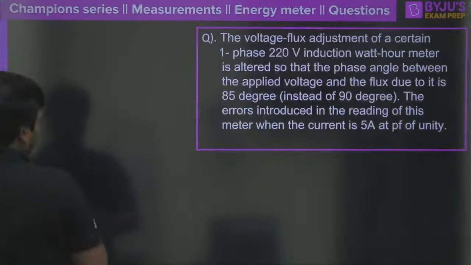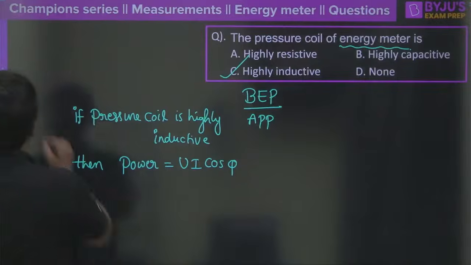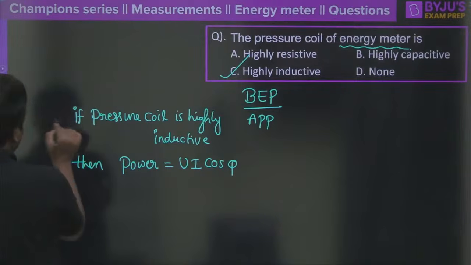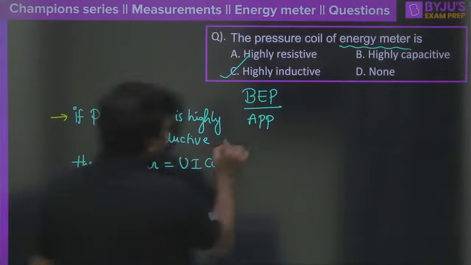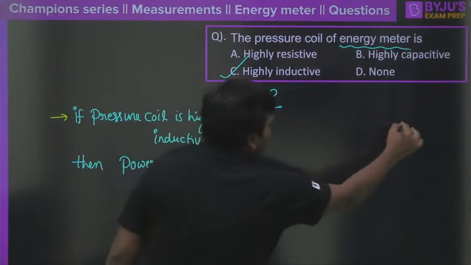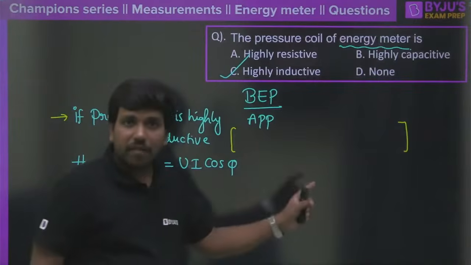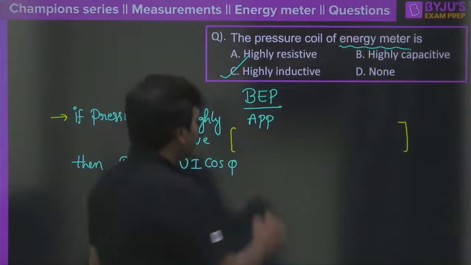Look at this very, very important point here, because these things are of utmost importance. If the pressure coil is highly inductive, what is the angle between the supply voltage and the pressure coil current? Anyone of you?